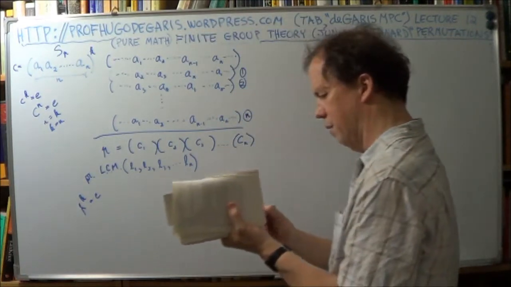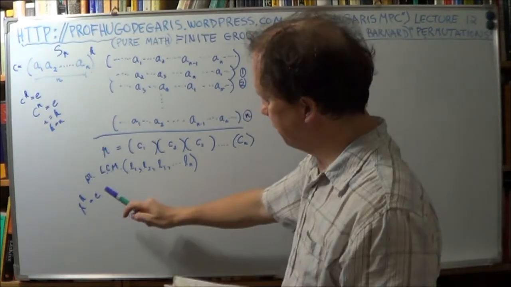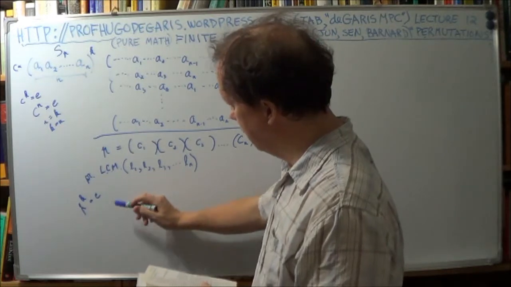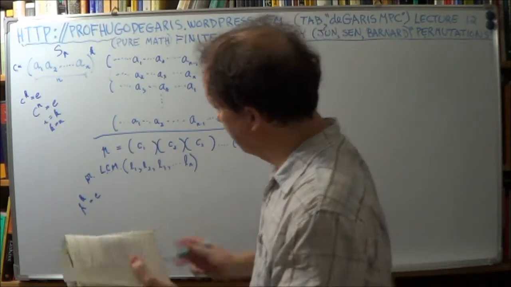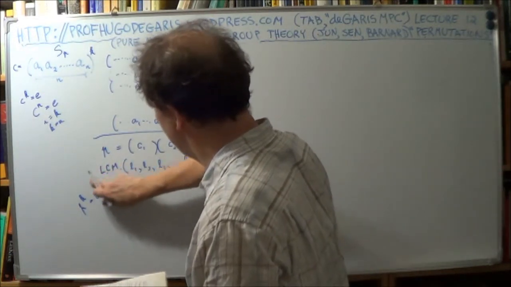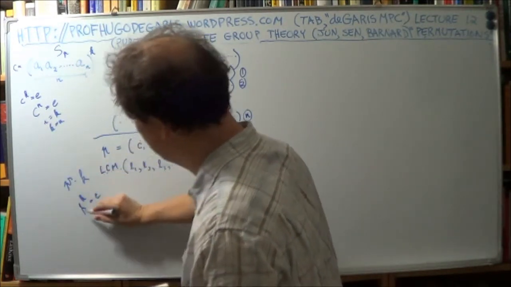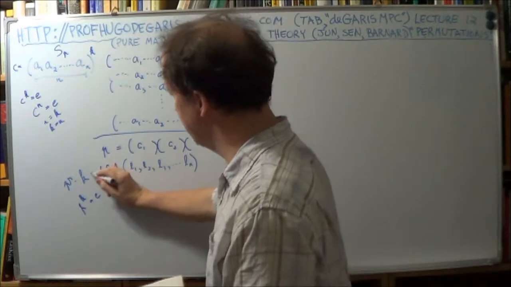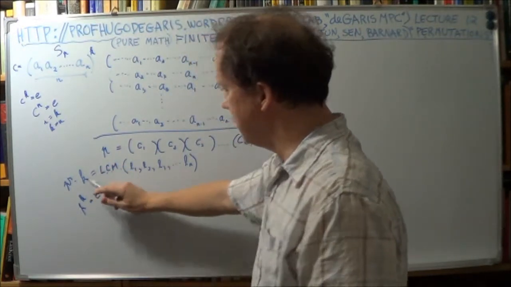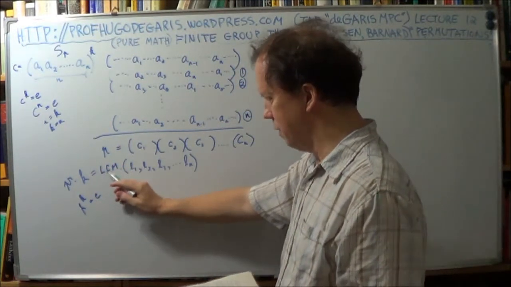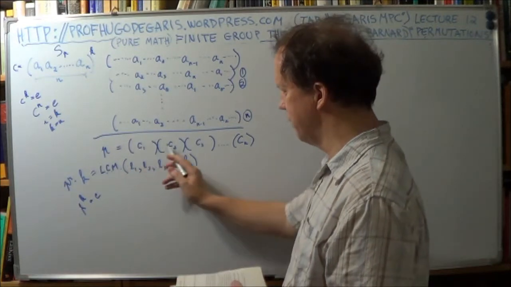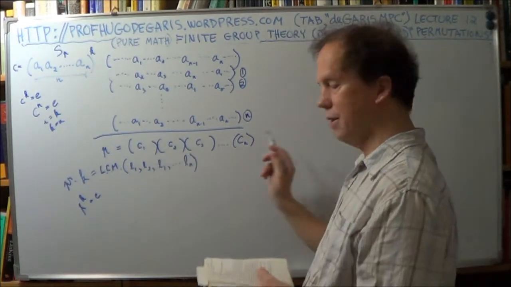We have to prove that K, the order of the whole permutation, is the least common multiple of all these lengths, the lengths of all these cycles.